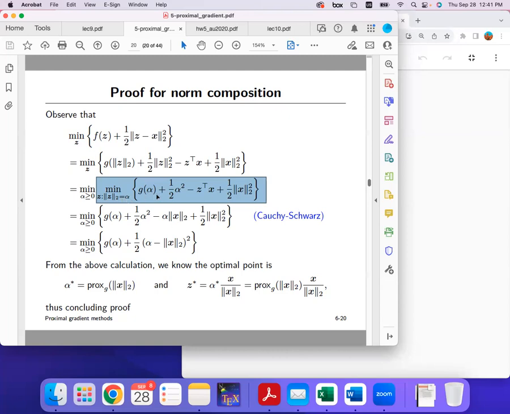Okay, now these terms are preserved. The last term is a constant, only depends on x, so it's preserved also. And so we only need to look at this inner product term.